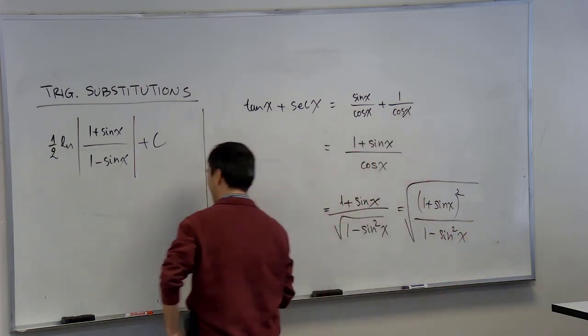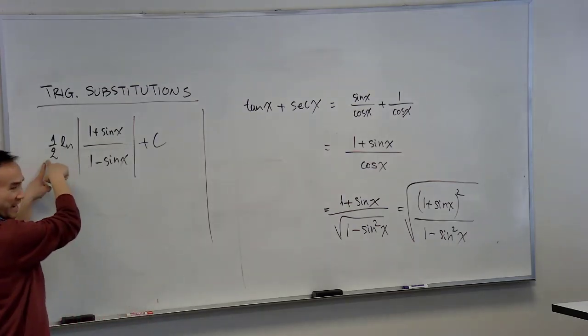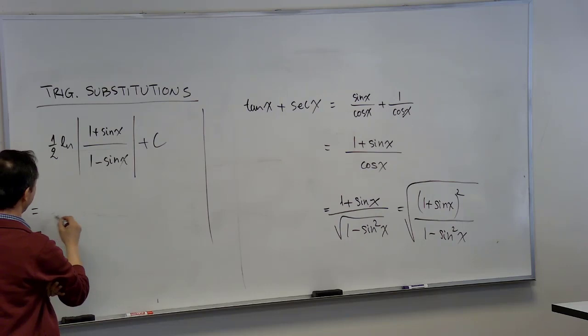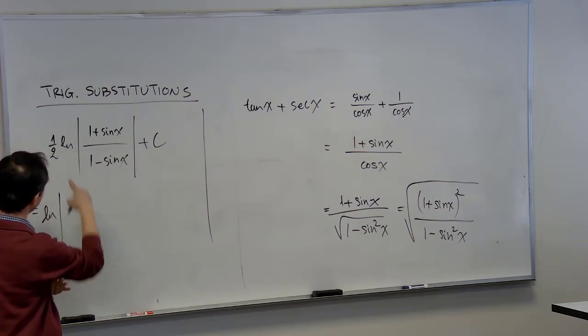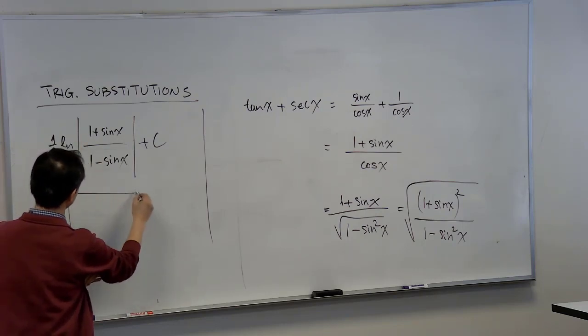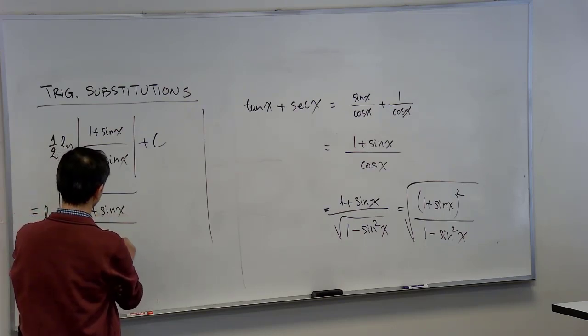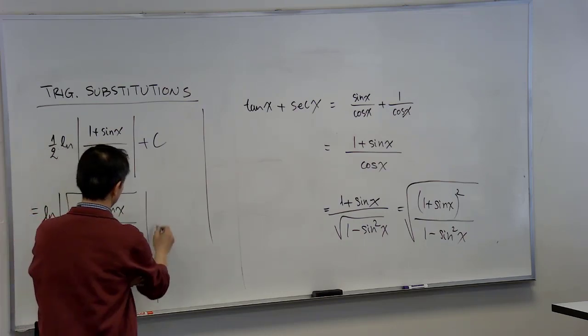So now one thing I didn't pay attention to, we got a 1/2 right here. That's the same as a natural log, and we bring that 1/2 power in, so it's going to be a square root of 1 plus sine of x over 1 minus sine of x, plus c.